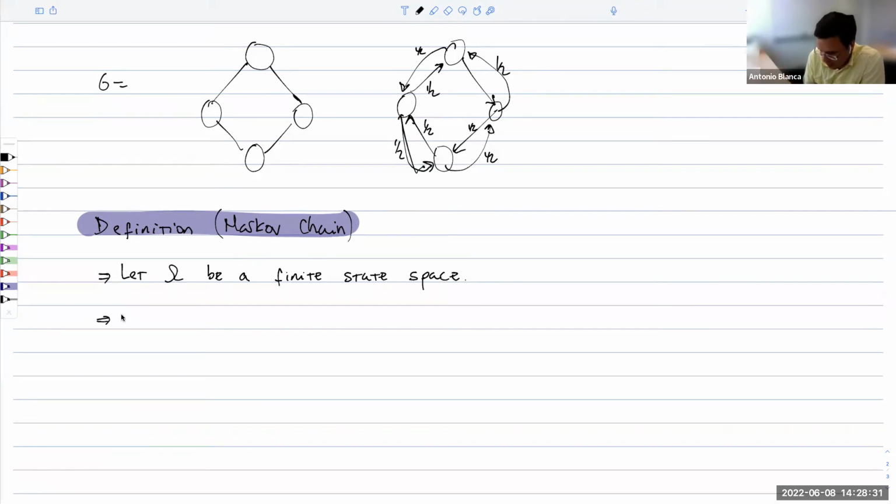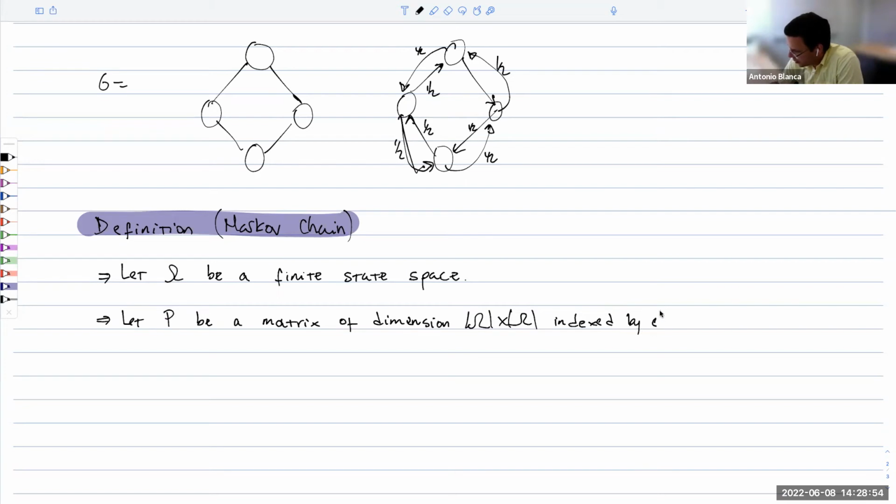And we also have a matrix, let P be a matrix of dimensions omega by omega, indexed by the elements of omega, such that the entries of this matrix give you the transition probability.